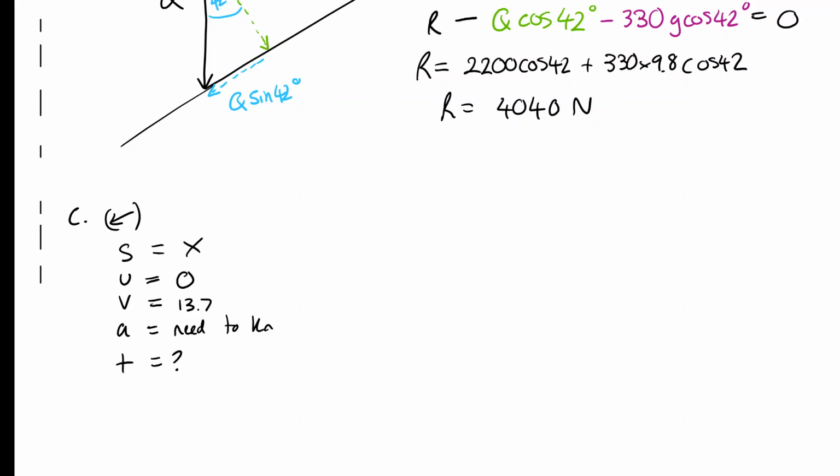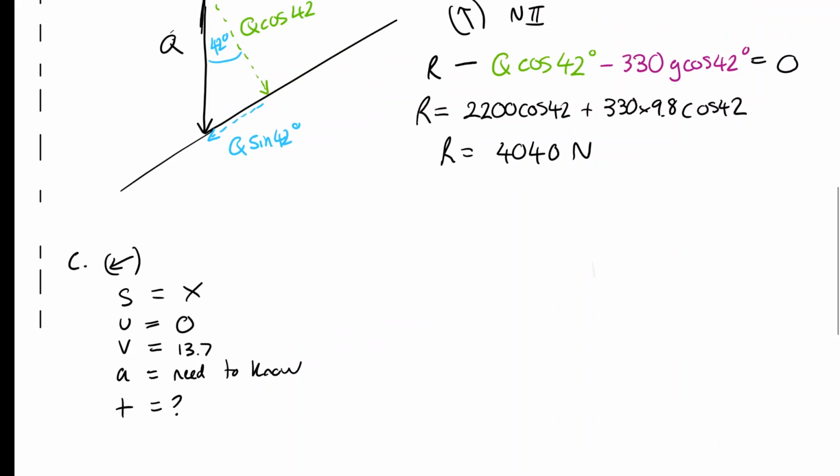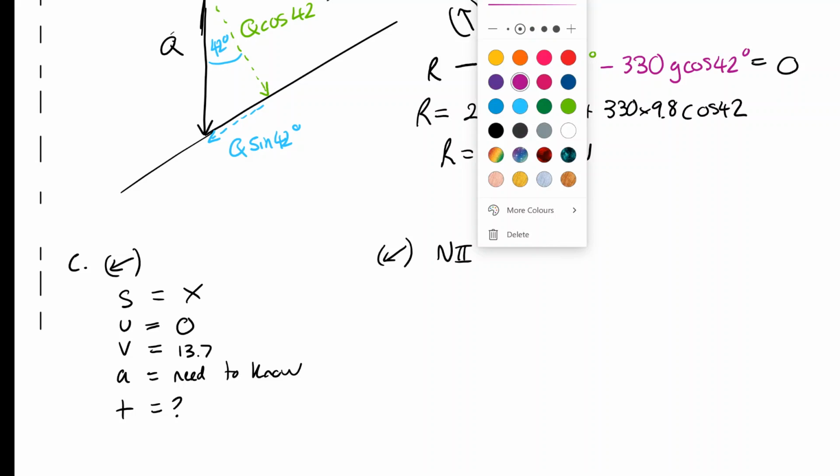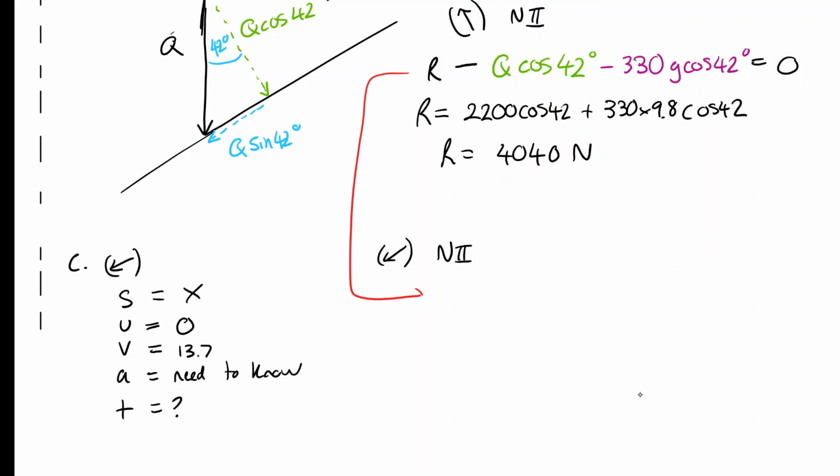So we need to know acceleration. We need to know three things to make use of a SUVAT. So if we want to get the acceleration, we need to go back to the forces. So we apply Newton's second law parallel to the slope. It's the same setup as before, so we can pull this line straight down. We've got R minus Q cos 42 minus 330 G cos 42.